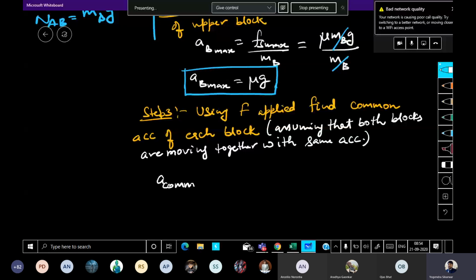A common is equal to F upon MA plus MB. A common is equal to F, external force, upon total mass. This is the A common which we have calculated.